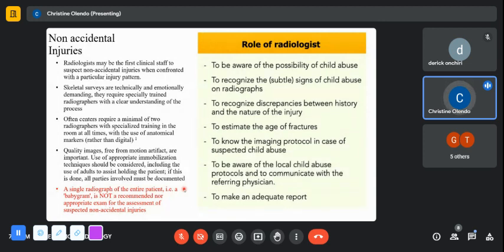A single radiograph of the entire patient, a babygram, is not recommended, and it is not appropriate for suspected non-accidental injuries.